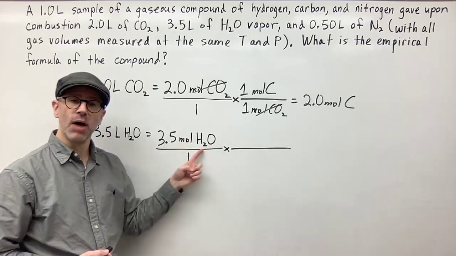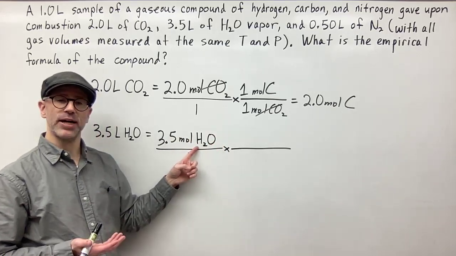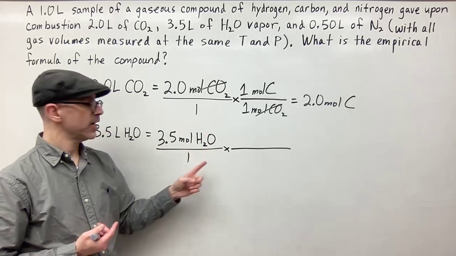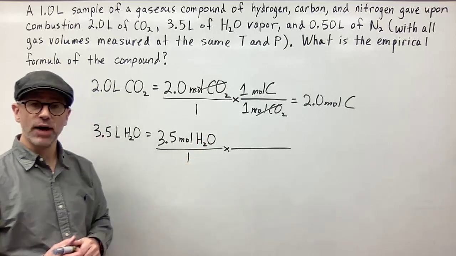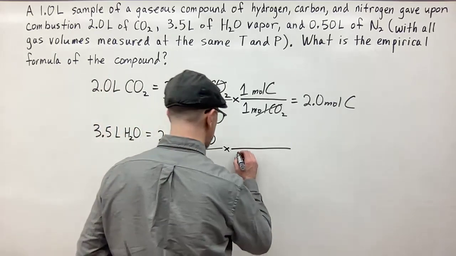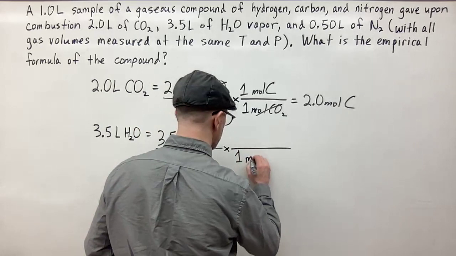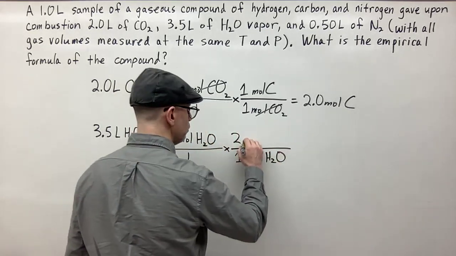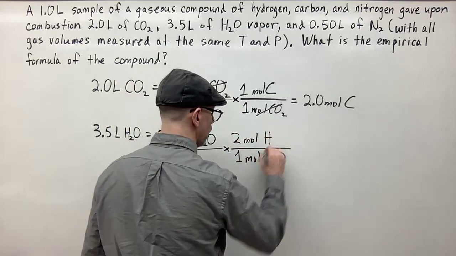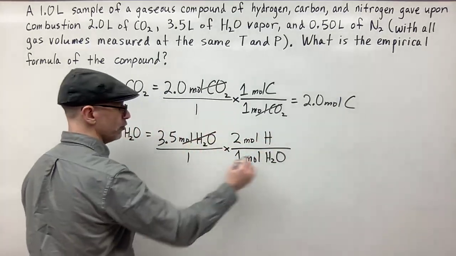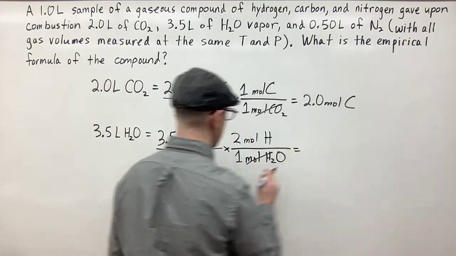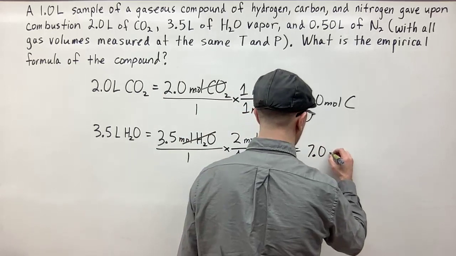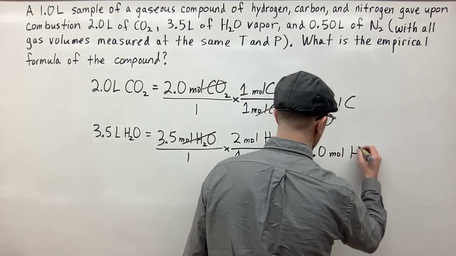For every 1 molecule of water, I get 2 atoms of hydrogen. So 1 mole of water is going to give me 2 moles of hydrogen atoms. So I put 1 mole of H2O on the bottom, 2 moles of hydrogen on top, moles of water cancel out, and now I just multiply by 2. 3.5 times 2 is 7.0 moles of hydrogen.